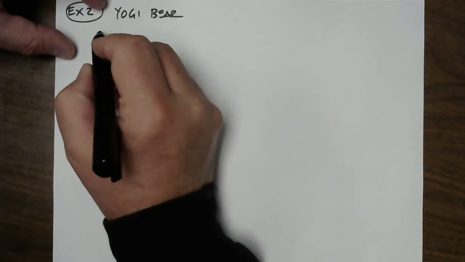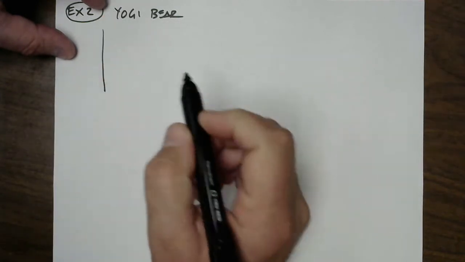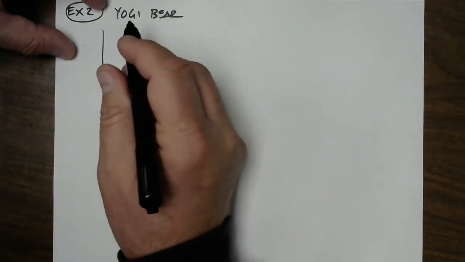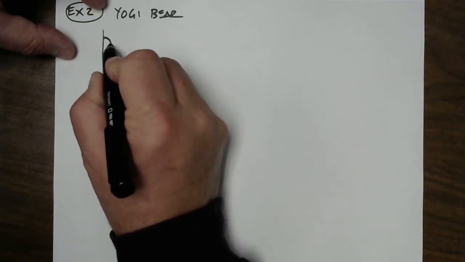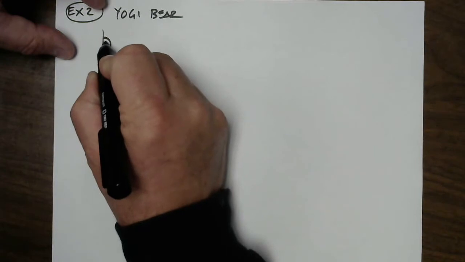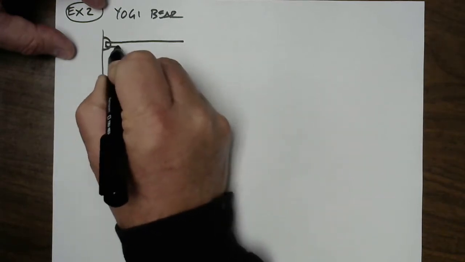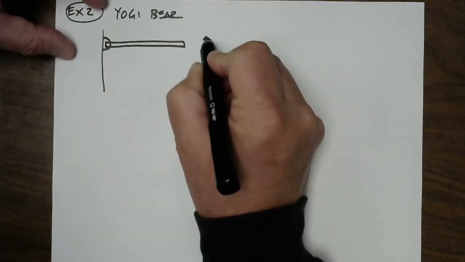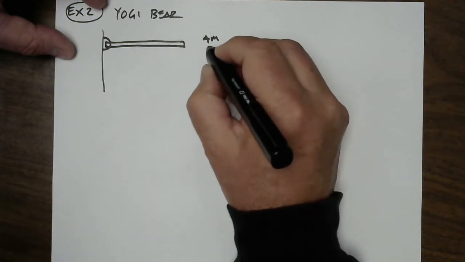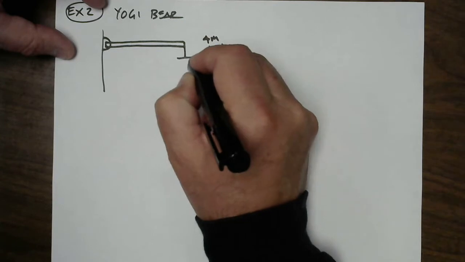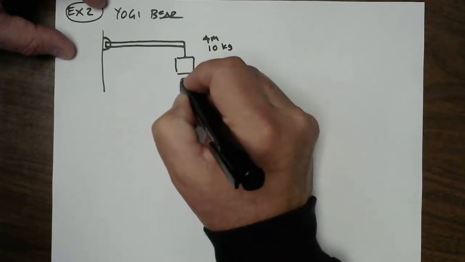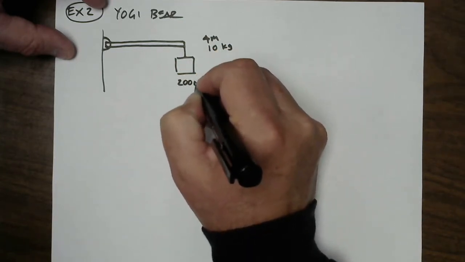So I'm going to use the same technique I used with my sign to hide my picnic basket from Yogi. I know I'm going to use the sign functionality, but certainly a tree branch would be the same. So I'm going to put some sort of pivot here. I'm going to have a bar. The bar is going to be 4 meters long and it's going to have a mass of 10 kilograms. I'm going to hang my picnic basket here, and it's going to be a 200 Newton picnic basket.